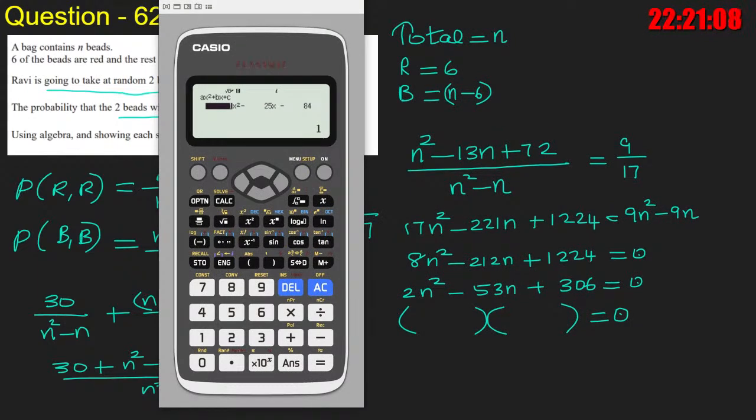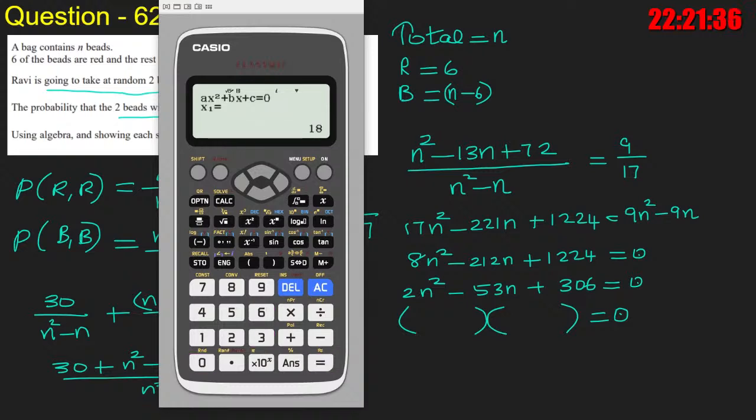I clear this with shift and 1, then go back, shift, and use the arrow key to go to the equation, or you can press the red A and press polynomial, degree 2. The first coefficient of n squared is 2, then minus 53 and plus 306.